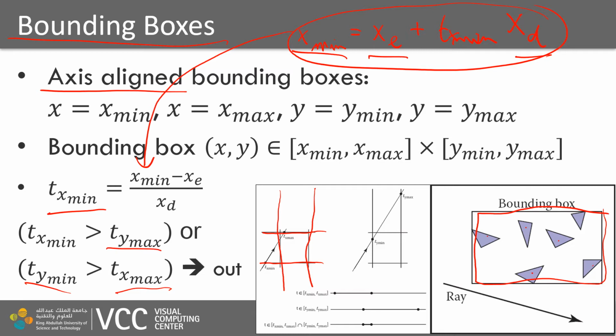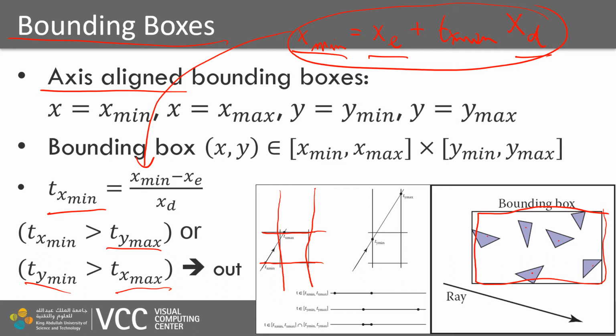And now we are simply having intervals of t, and the intervals of Tx min to Tx max, and Ty min to Ty max need to form a non-empty set. If that is the case, then we have an intersection with the bounding box, and not only with these lines outside this bounding box.